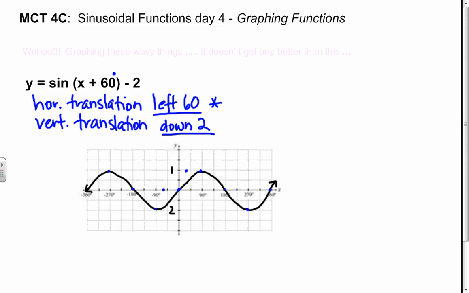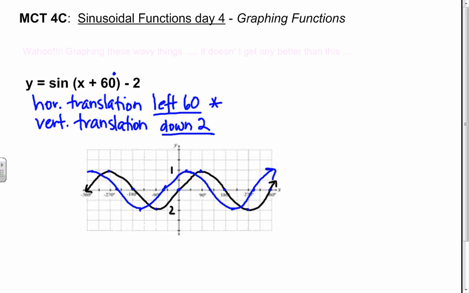That one goes that far, this far, this far, this far, and so on. So we've gone left 60 degrees, and my new graph will be there we are. So we've done the left 60.